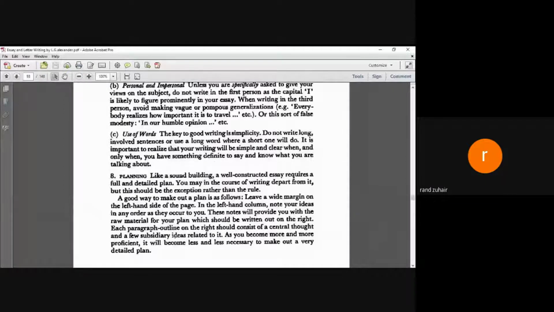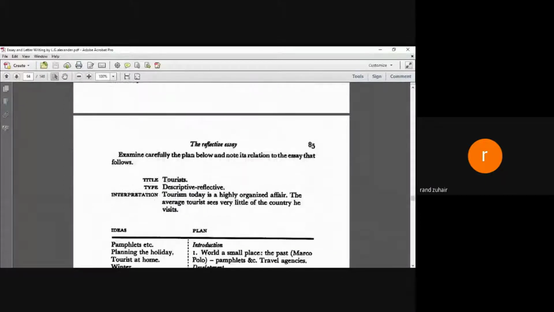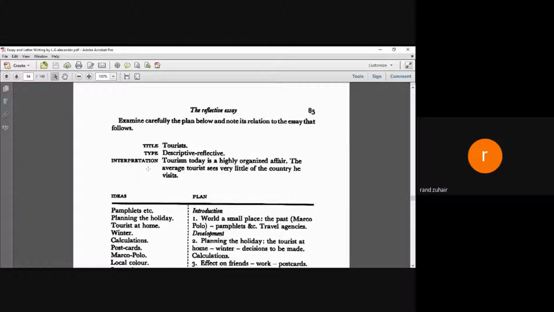Okay. كنعطى هوني مثال. Examine carefully the plan below and note its relation to the essay that follows. The title هو Taurus. Type descriptive reflective. نوعه descriptive reflective. Interpretation: tourism today is highly organized affair. The average tourist sees very little of the country he visits.